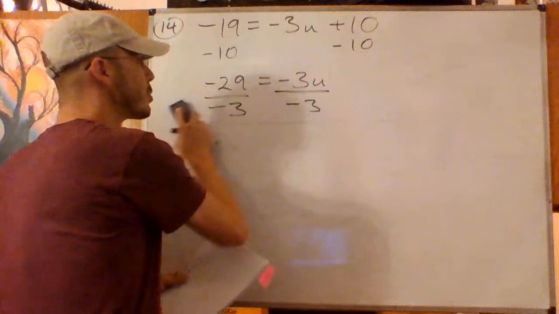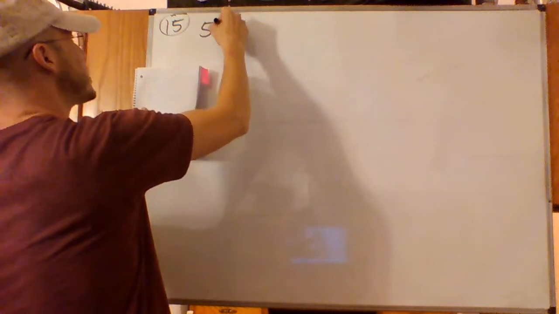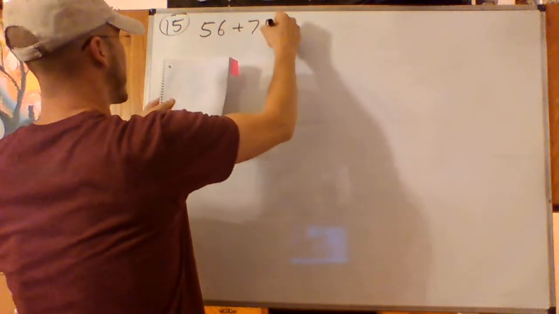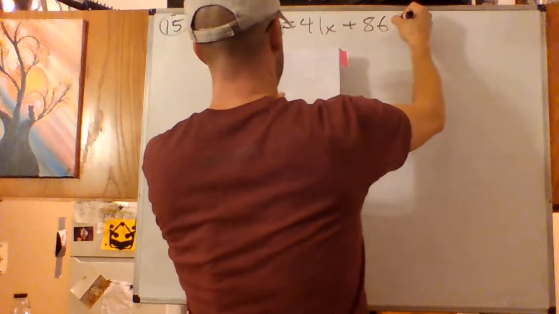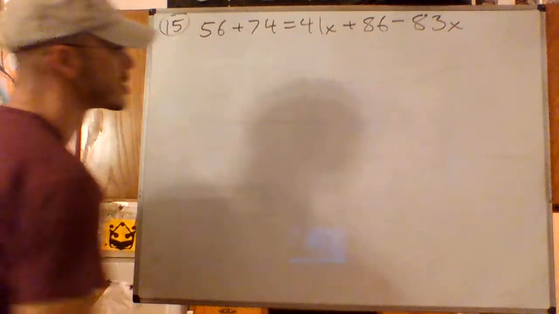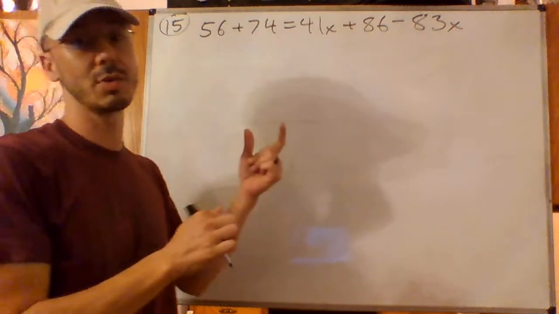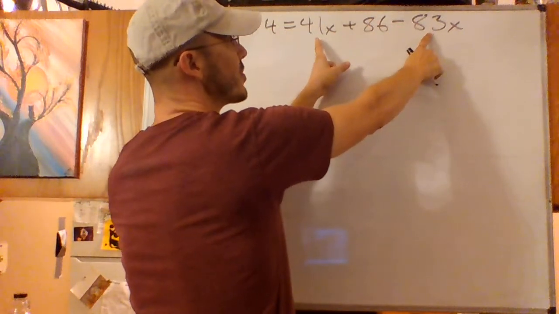And then finally, number 15 is 56 plus 74 equals 41x plus 86 minus 83x. So a combined like terms situation, on the left-hand side with these numbers, and on the right-hand side with these variable expressions.